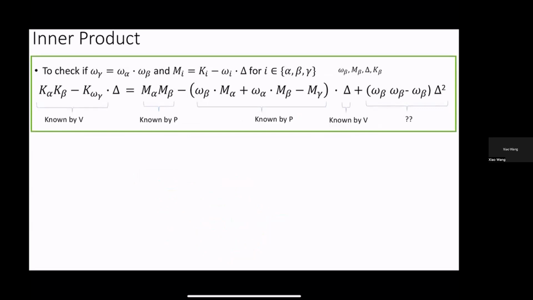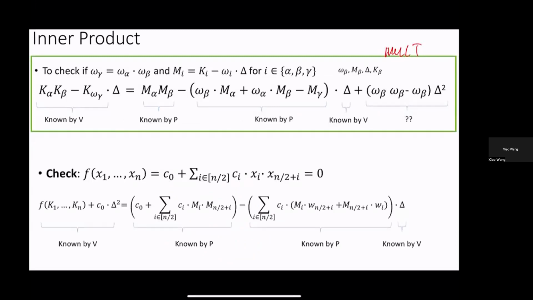Oh yeah. So the implementation of the inner product: there is an equation. This is the equation that I mentioned in the previous few slides when I talked about a multiplication gate. In terms of the inner product, we're just going to extend this equation a little bit more.